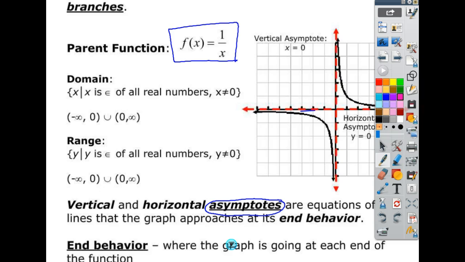Then go find the dotted lines. The dotted lines are not the x and the y axis, they're the asymptotes. And sometimes the asymptotes are not even drawn in for you. But if they are, they're going to be dotted lines.